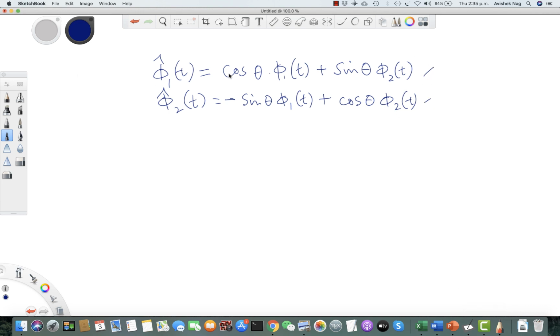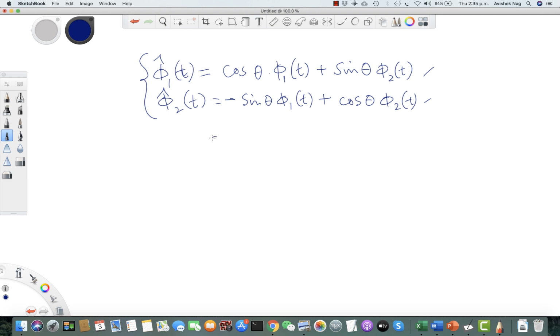and you have the new set of axes defined by this orthonormal basis functions phi 1 hat t and phi 2 hat t in terms of the original phi 1 t and phi 2 t. Actually, we have to show that these are also orthonormal. Okay, so that is what we need to show.